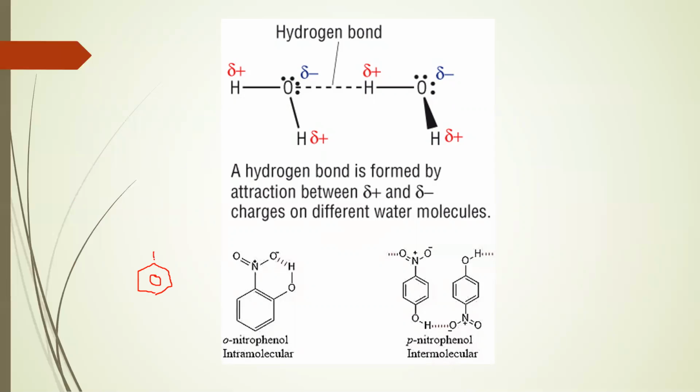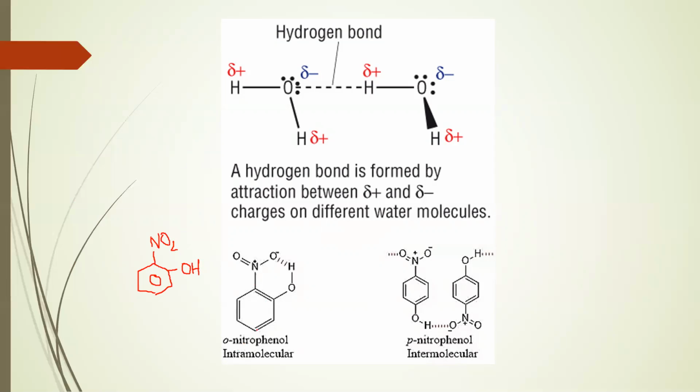This is your benzene, and this is a nitro group on the benzene ring, so it is known as nitrobenzene. Ortho means the second position. Orthonitrophenol has a phenolic group, and then a hydrogen bond is formed between this oxygen atom and this hydrogen atom. This is known as intramolecular, meaning the hydrogen bond is formed within the molecule. I hope this is clear to you, that is intra and inter.